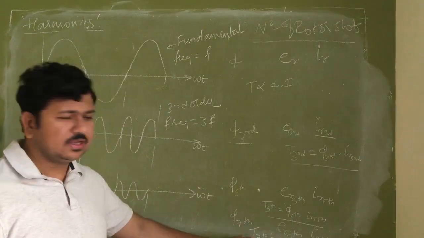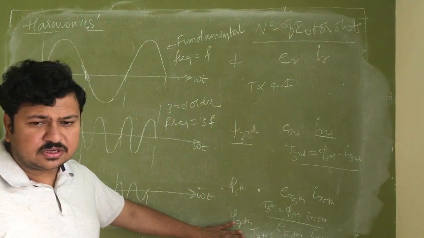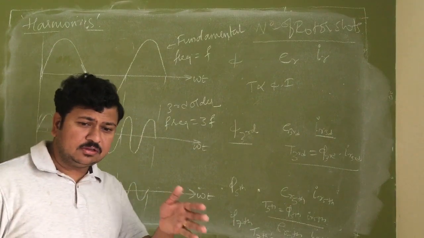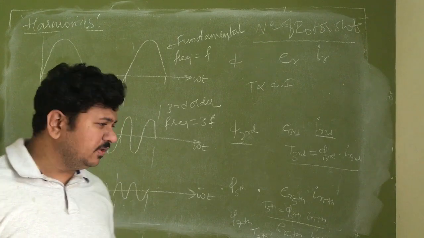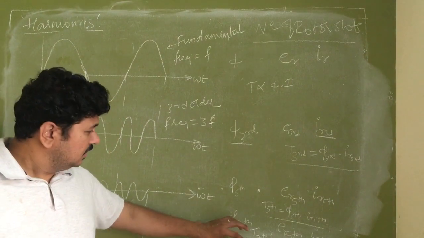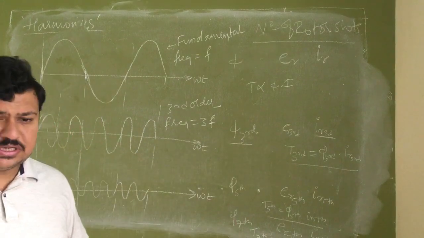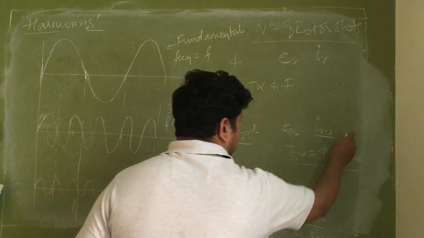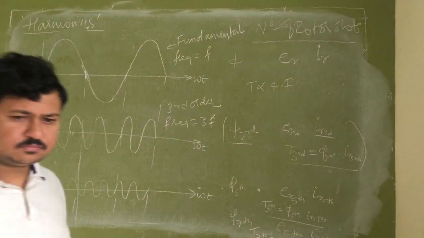These are hazardous and undesirable because the direction of these torques is not along the direction of the load torque. The direction of these torques is opposite to the direction of load torque. Generally, the third harmonic will not be generated; we get fifth order and seventh order harmonics.